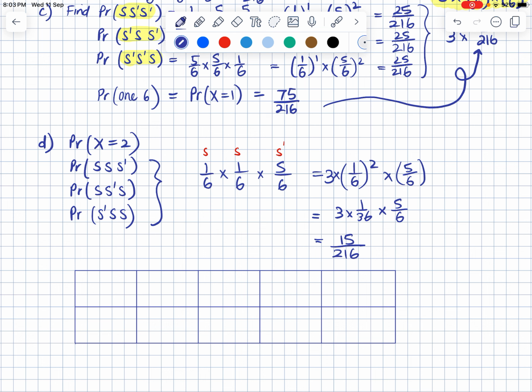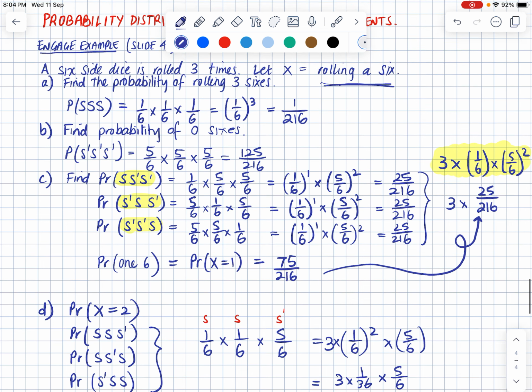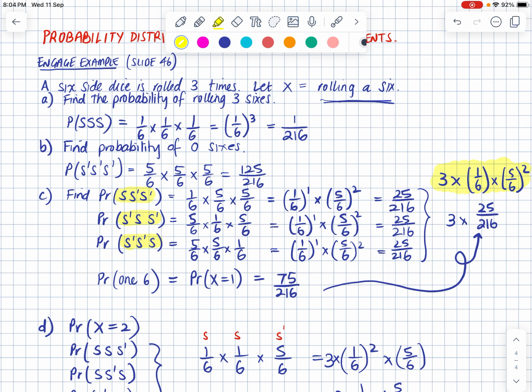So if I wanted to get 0 6s, then there was a 1 in, oops, that's not correct. 0 6s was a 125 in 216 chance. 3 6s was a 1 in 216 chance.